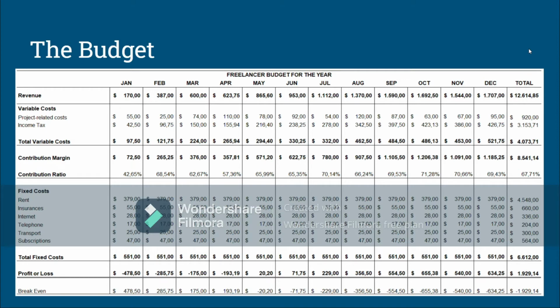Therefore, if we look at the profit or loss, it can be seen that from January to April, the freelancer is having a deficit, and first in the month of May, 5 months into the year, he will start to make profit.